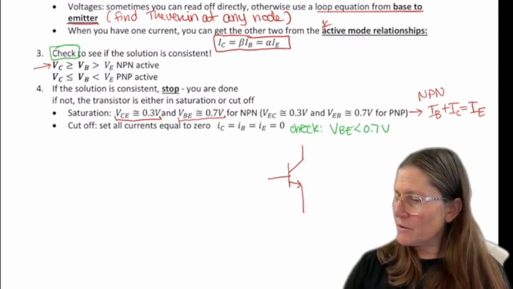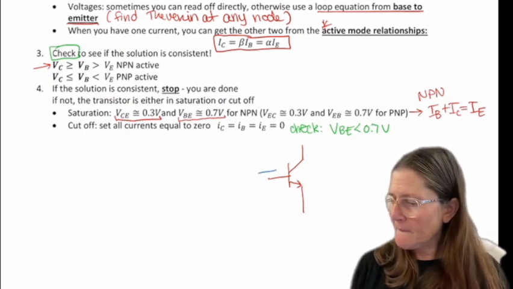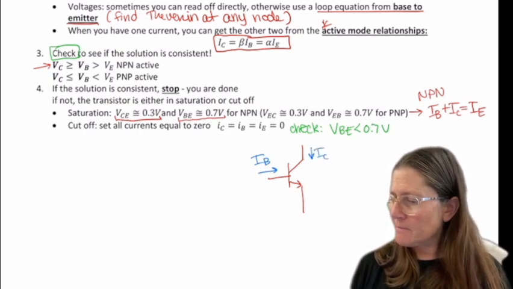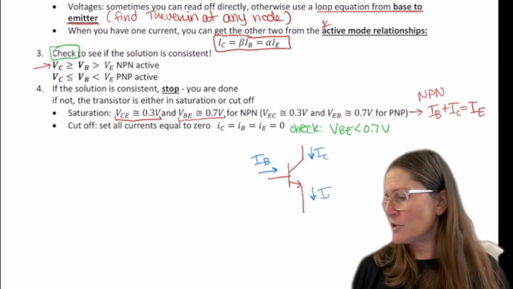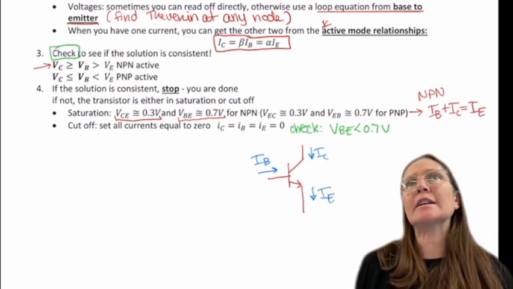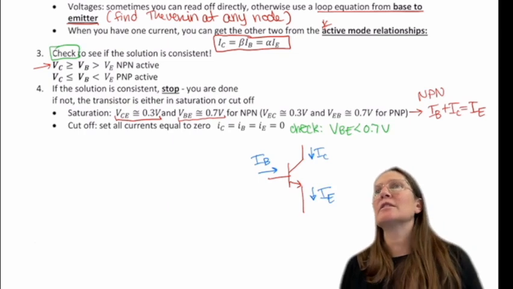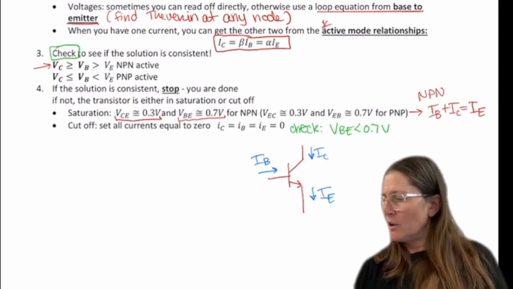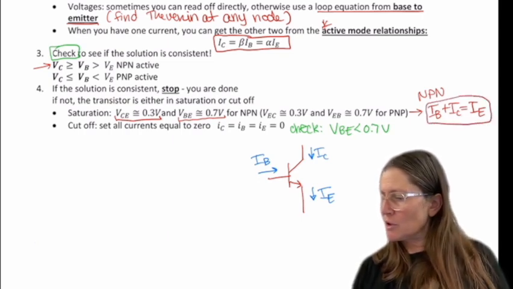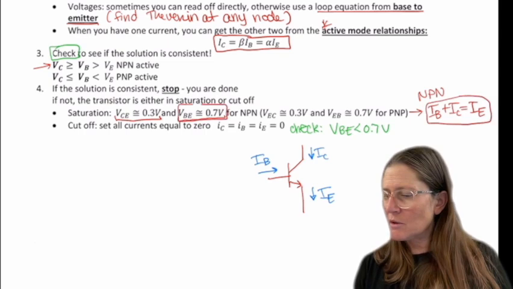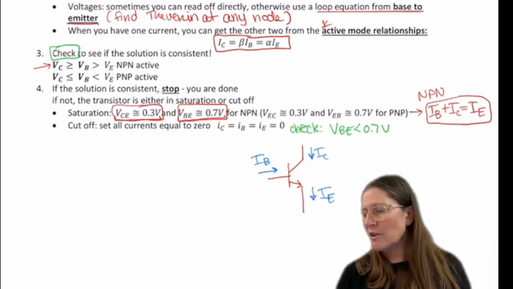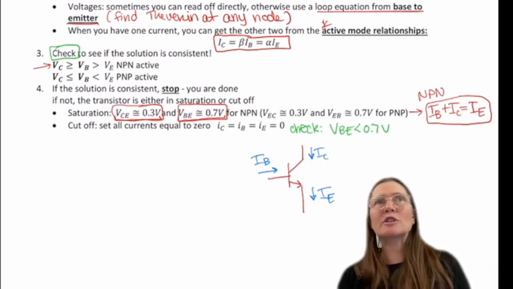Remember the current flows, IB and IC, and those two combined equal your IE. So you can use that summation as another equation. So those three equations you can use, and then you can solve for the voltages and currents.